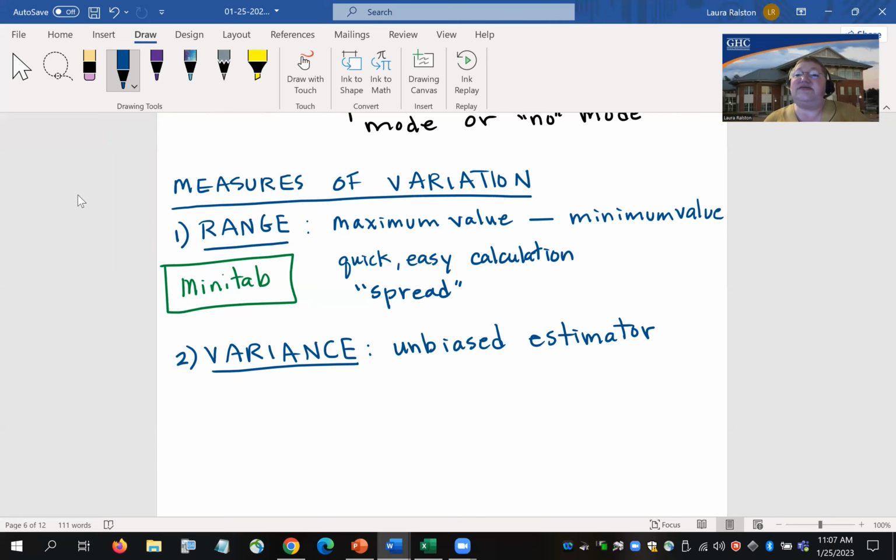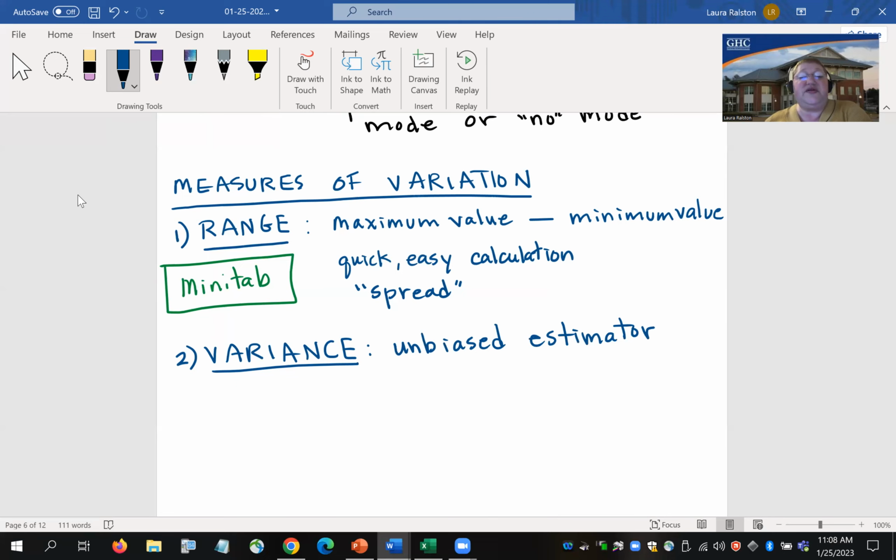It means that basically if I'm able to calculate the variance for a sample, that sample variance is on target for what it would be for the population. It's like I'm hitting the bullseye every time. Regardless of my sample, the value that I get for my sample variance is like hitting the bullseye for what it's going to be for the population.